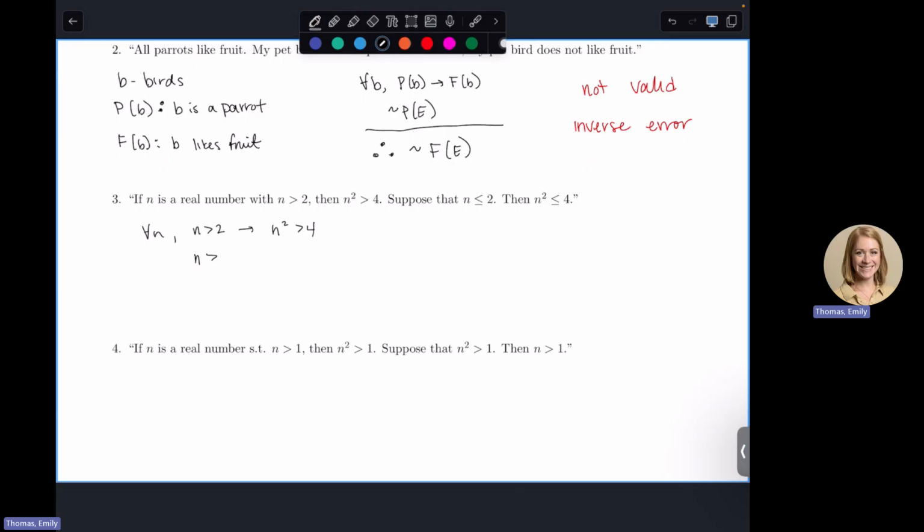So this would be that n is not greater than 2. And you got a big then, n squared is not greater than 4.